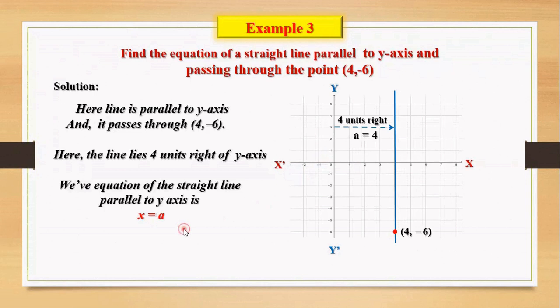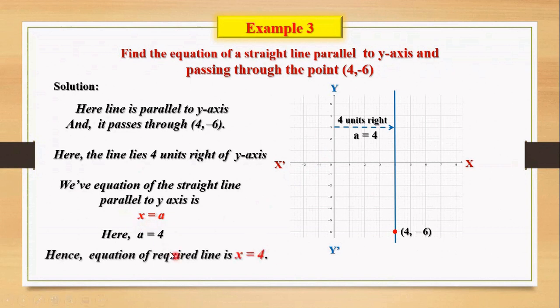From the figure, we have the value of a is 4. Substitute this value into our required line over here and we will get the result x = 4, which is the equation of the required line that is parallel to y-axis and passing through (4, -6). Shifting 4 to the left hand side, we will get x - 4 = 0.